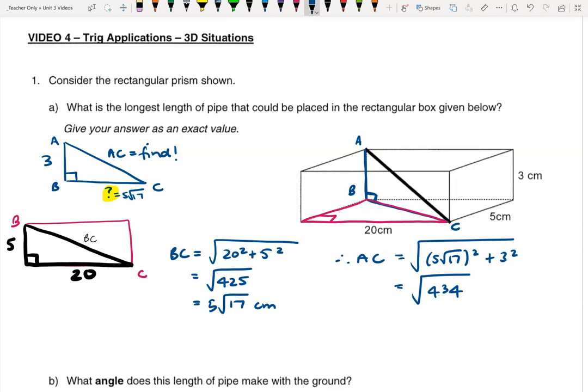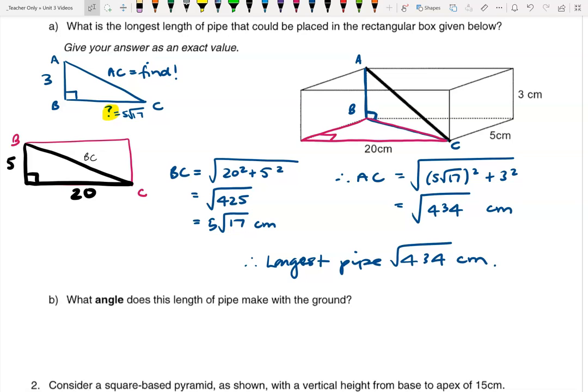So again, we can grab our ClassPads and keep it in standard mode to work out, is there a way of simplifying the square root of 434, and we find there isn't. So it's the square root of 434 centimeters. Okay, therefore, the longest pipe as an exact value is the square root of 434 centimeters.